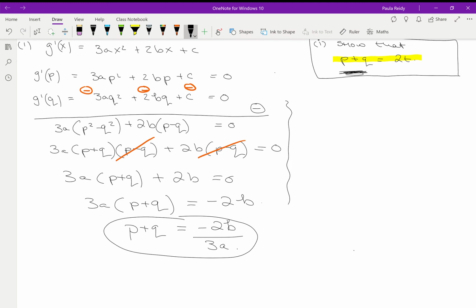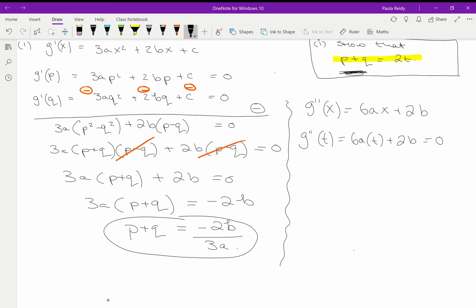Then I went on to the point of inflection and said, look, I'm going to differentiate this again, and I did give you 2 marks for doing the differentials. So we got 6ax plus 2b, and that's going to equal 0 at t. So 6at plus 2b is equal to 0.